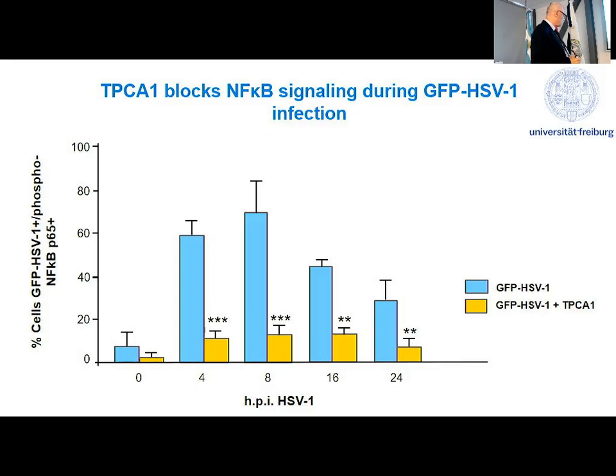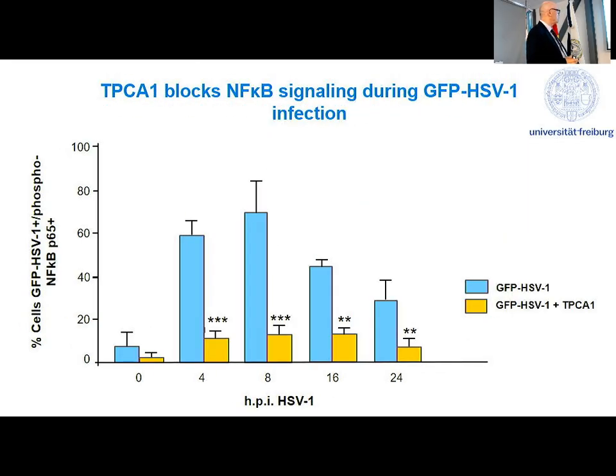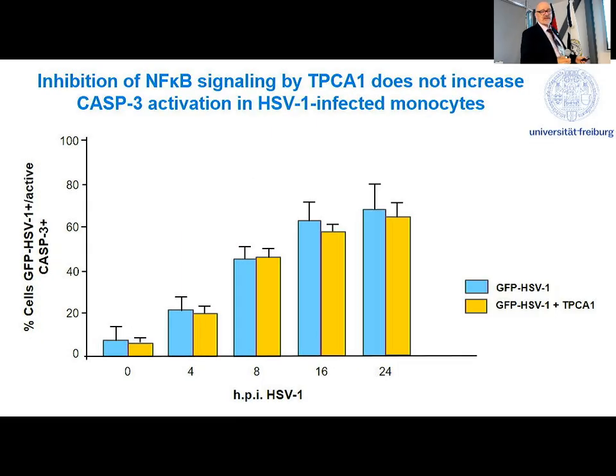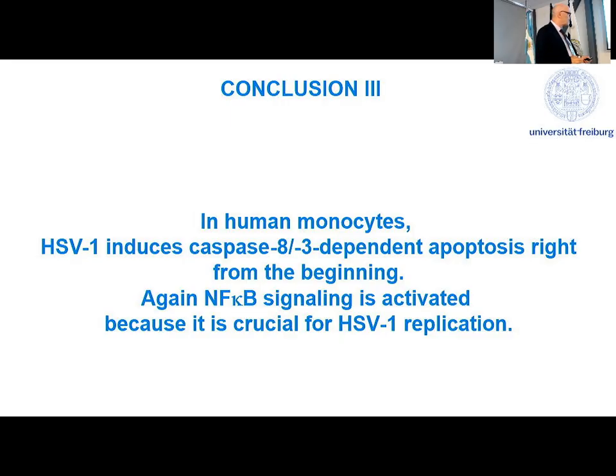We see that P65 phosphorylation goes up, but with the inhibitor it's down. There is no more cell death change. Remember, they undergo apoptosis, but there's no difference in cell death when we block NF-κB, but there is an inhibition of viral replication. So in human monocytes, the virus induces caspase-3, caspase-8 dependent apoptosis right from the beginning, but it also induces NF-κB signaling for reproduction.